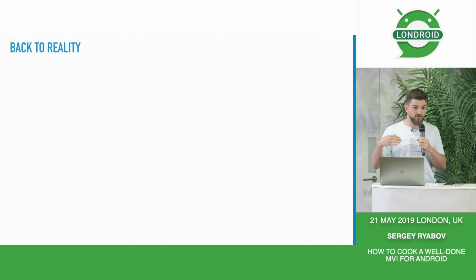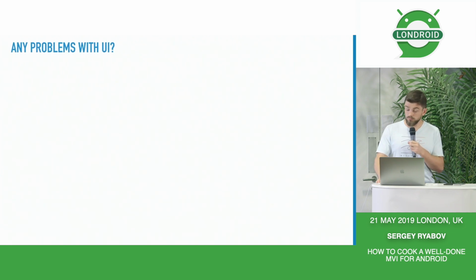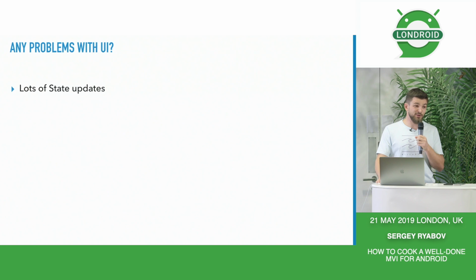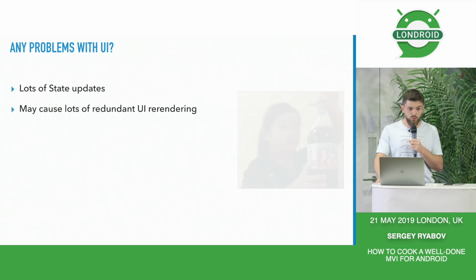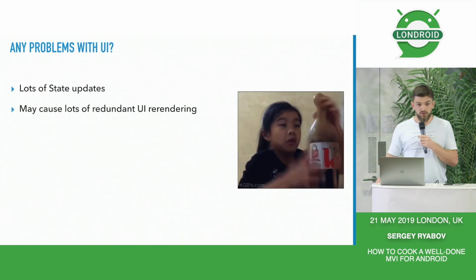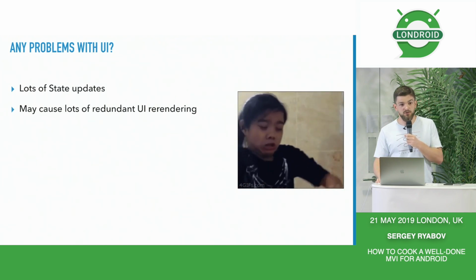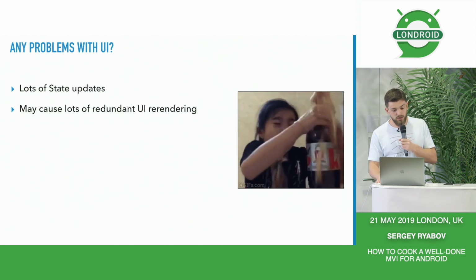It will end up rendering a lot of UI states. So we will get lots of state updates that we need to render, and it may be quite difficult for our rendering engine. Something like that, when we cannot handle the incoming flow.